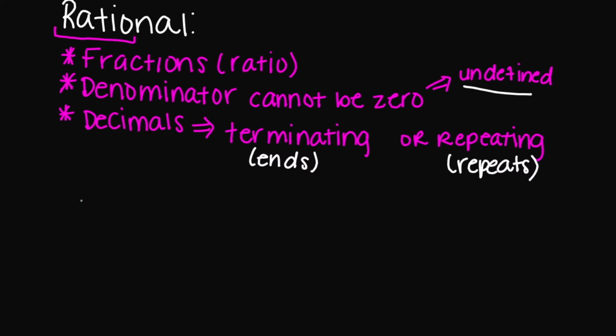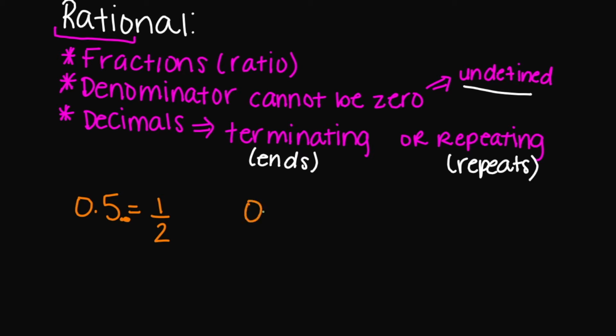So let's look at, for an example, 0.5. 0.5 is a rational number because 0.5 can be written as a fraction. 0.5 is equal to 1 over 2. So because 0.5 ends, it's a terminating decimal, that also indicates that 0.5 is rational.